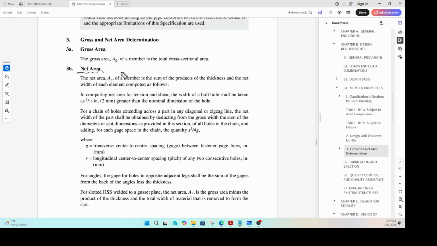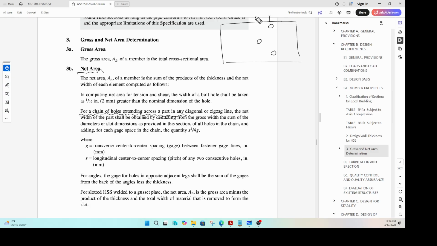Net area has to be calculated for a chain of holes extending across a part. They can be either straight or zigzag. Let us say this is your case, and the bolts are staggered.